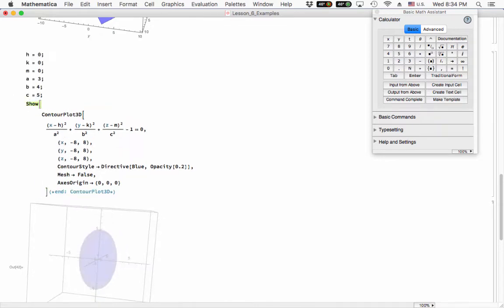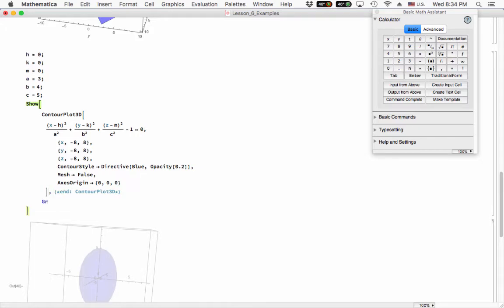So here I'm going to go ahead and do a graphics command. So I'm going to do show. Notice that my end brace of show is lined up with the first part of show, and then I've indented inside, so it's super easy for me to read. This is a coding technique to really make finding errors easy.